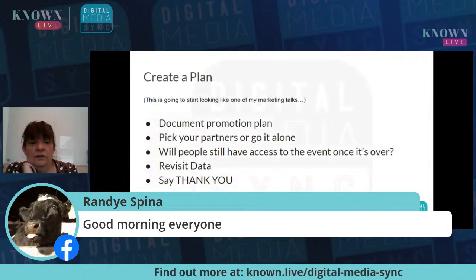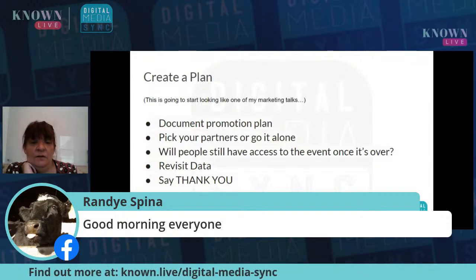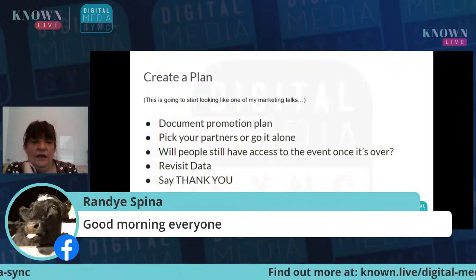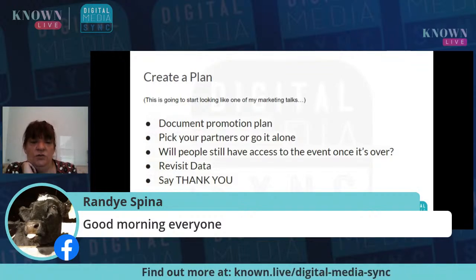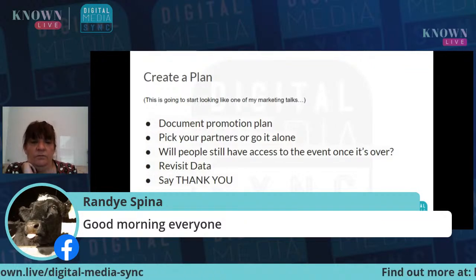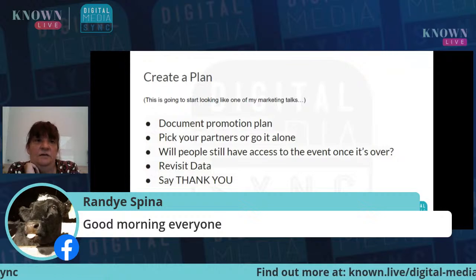And then what happens is the event happens, you have that communication, and then at the end of the event, what you want to be doing is revisiting that data.